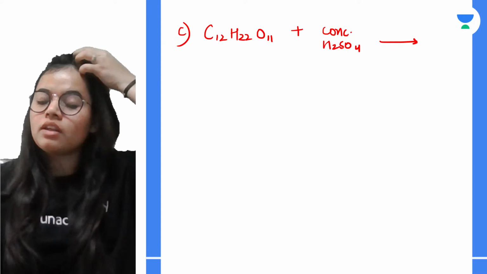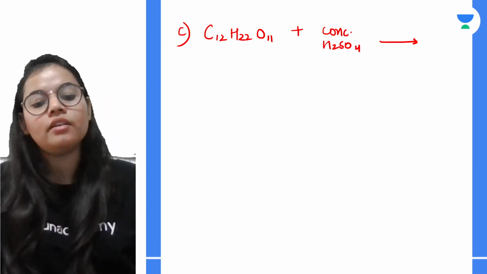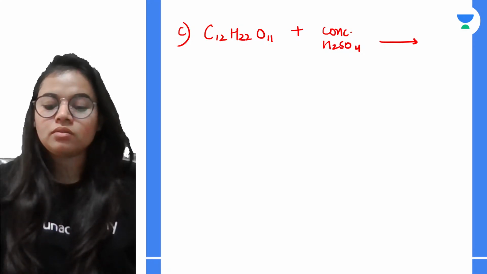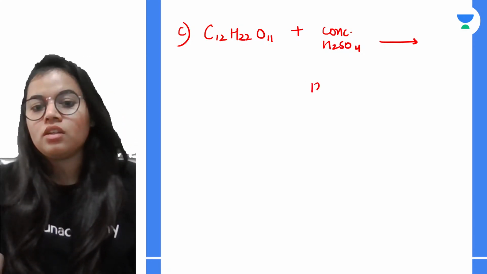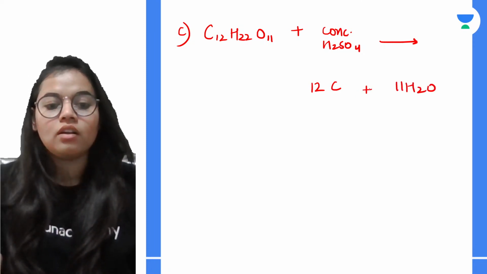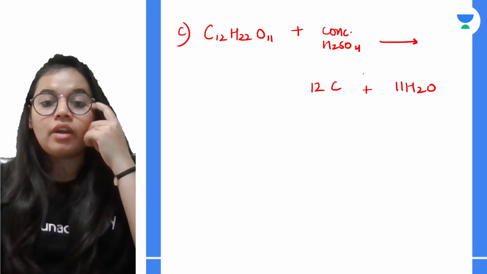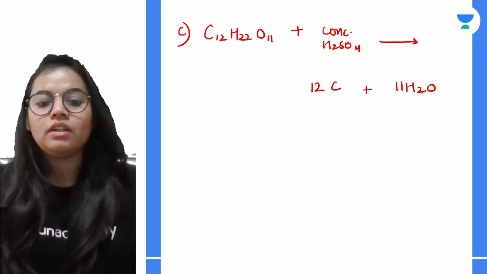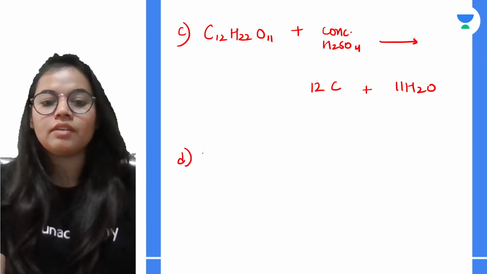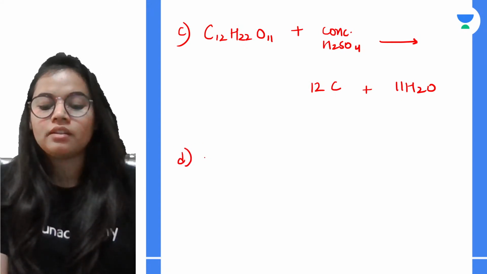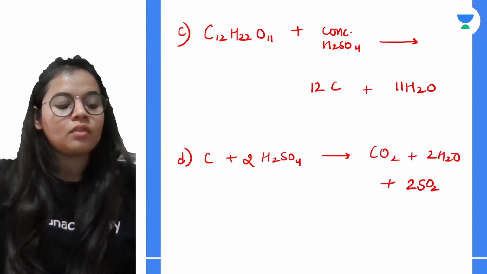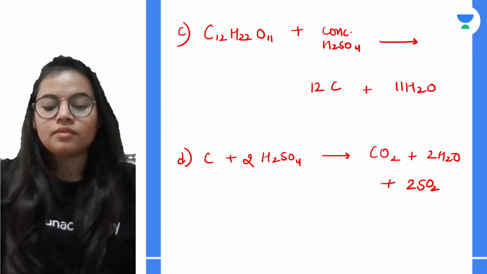Yes students, क्या बनाएंगे यहाँ पर? What we will get? We will be getting CO2 and water, carbon. Okay, after that it is carbon. When it reacts with carbon, what are the products that we get? That is the correct answer.